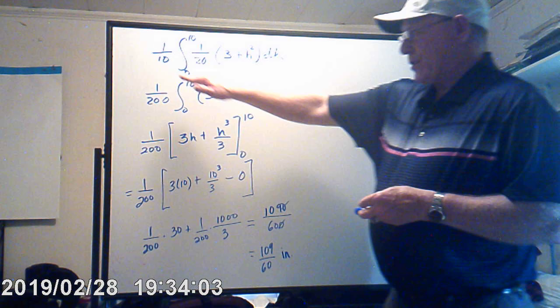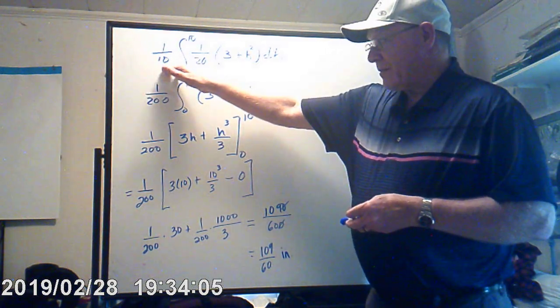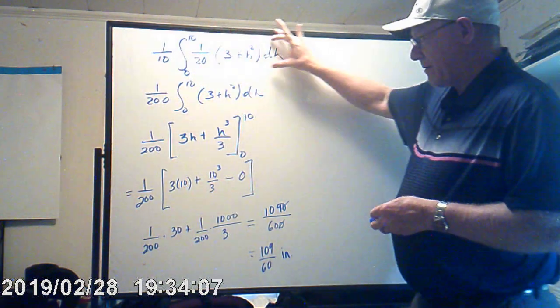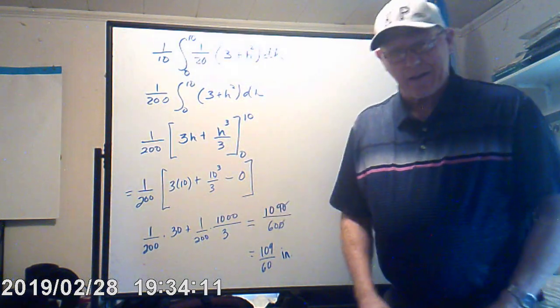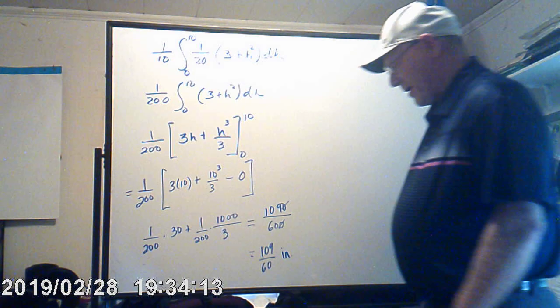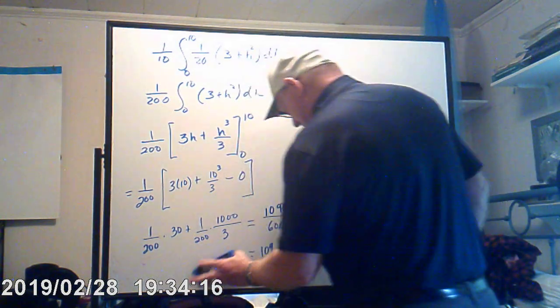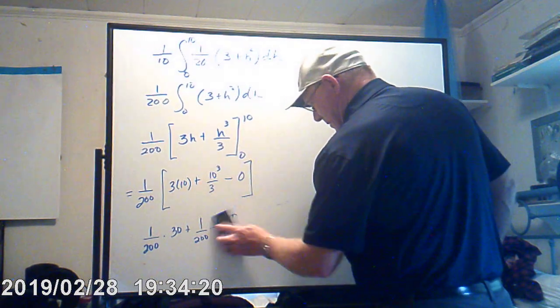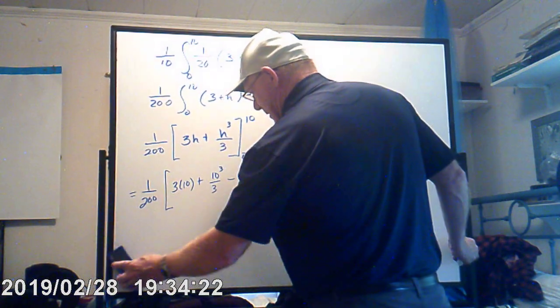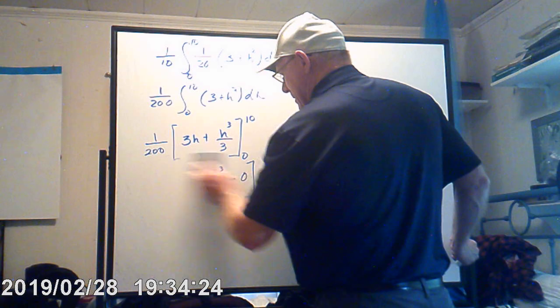Average: 1 over 10 minus 0, and then integrate this from 0 to 10. And that's really basically it. Average is always going to look like that. Just kind of keep that in mind.